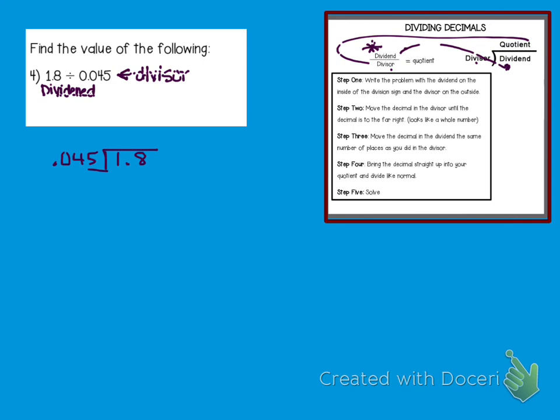Now, we cannot divide by decimals, so we want to make it into a whole number. So on the outside, we're going to move it over as many times as needed to make it a whole number, okay? And that was 3 times. What I do on the outside, I'm going to do on the inside. Okay?